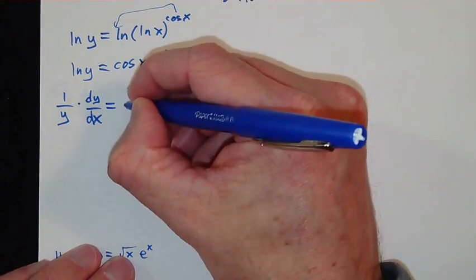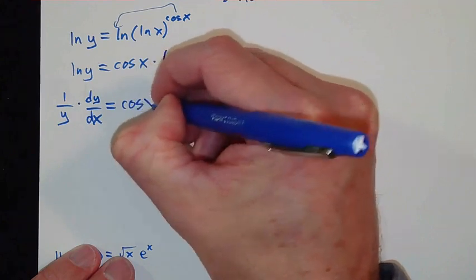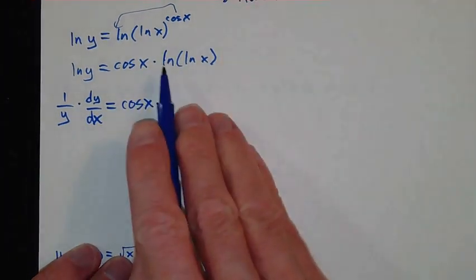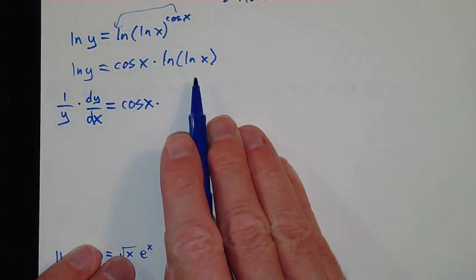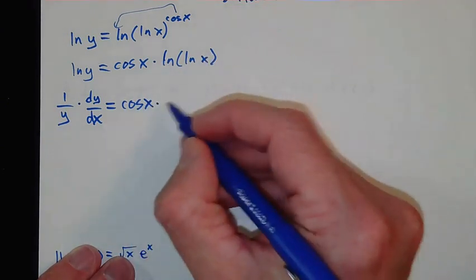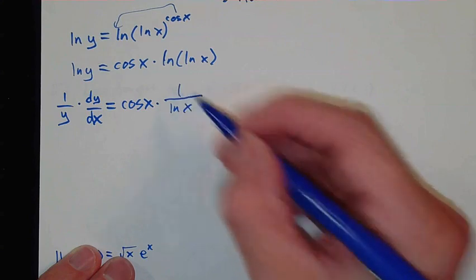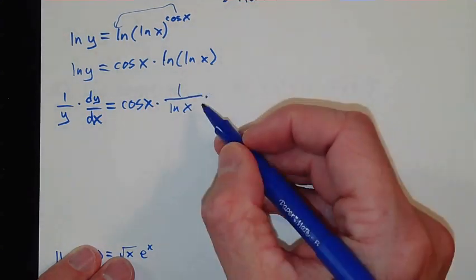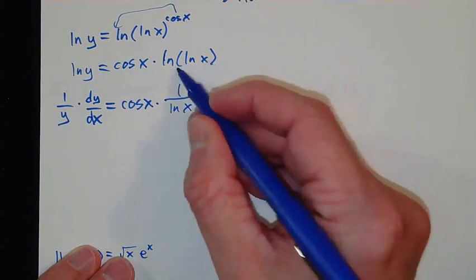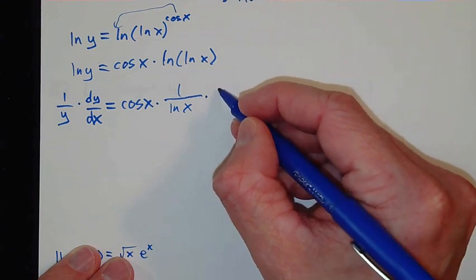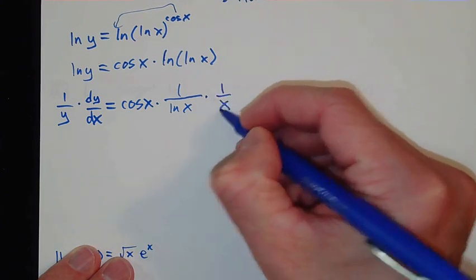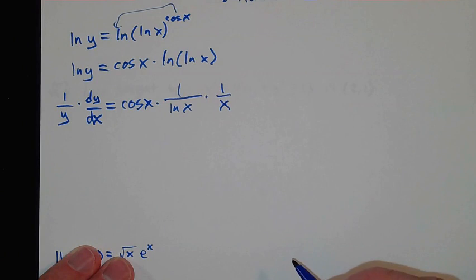And so I will do cosine, the first, times the derivative of log of x. The derivative of log of something is 1 over the something times the derivative of the something, in this case the stuff inside, is natural log of x, and the derivative of the natural log of x is 1 over x.